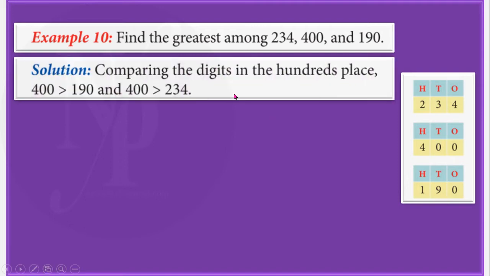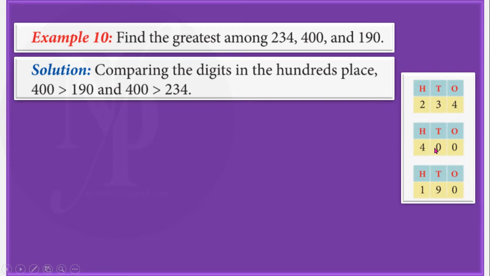So comparing the digits in the hundreds place, when we compare 400 and 190, the digit 4 which is at hundreds place is greater than the digit 1 which is at hundreds place in the other number. Therefore the number 400 is greater than 190.